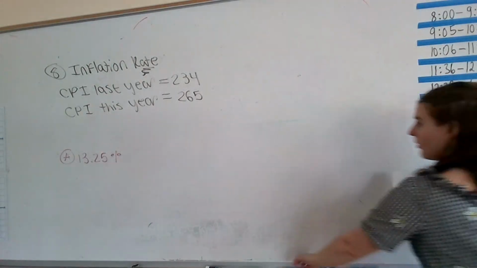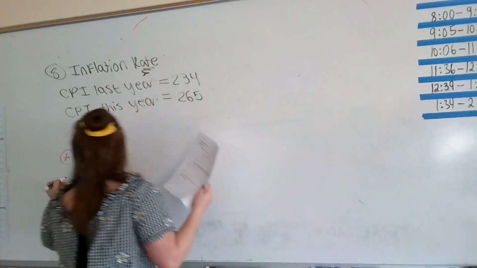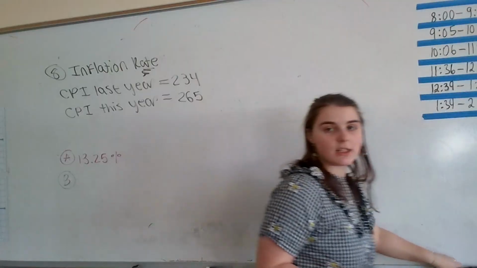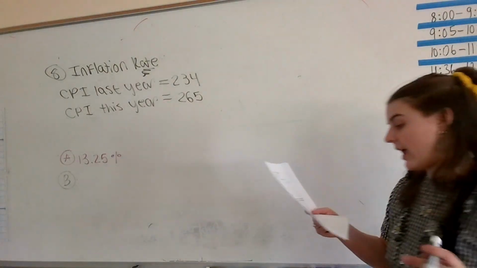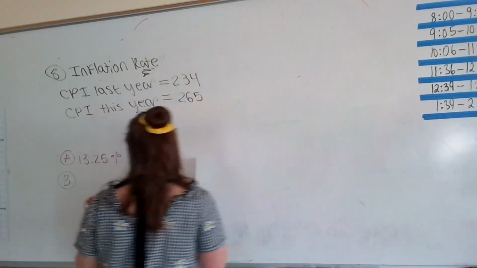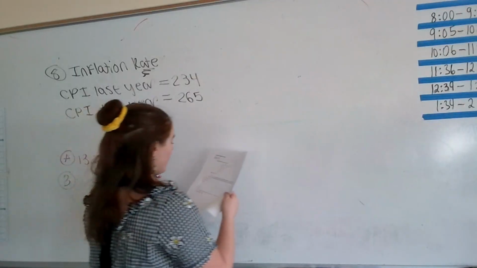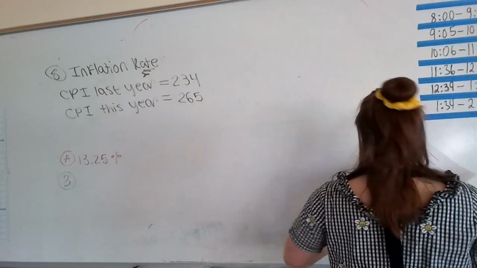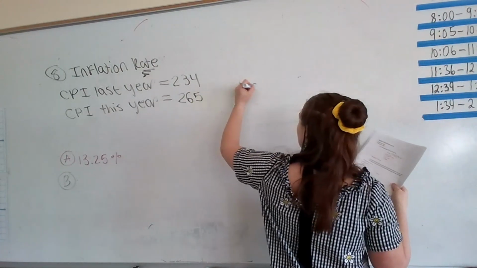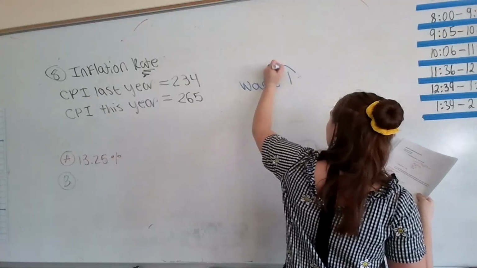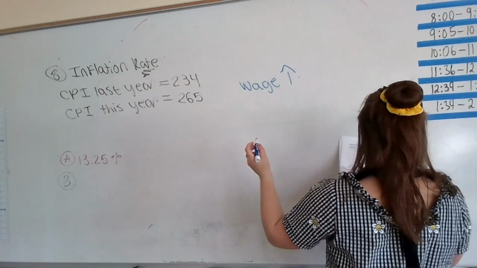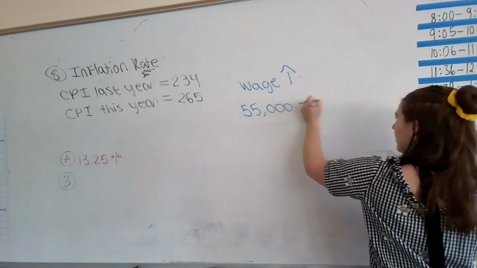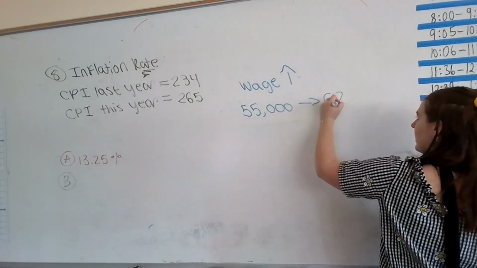All right, so part B is asking us, it says if a worker's nominal wage increases, so our wage is going up from 55,000 a year to 62,000 a year.